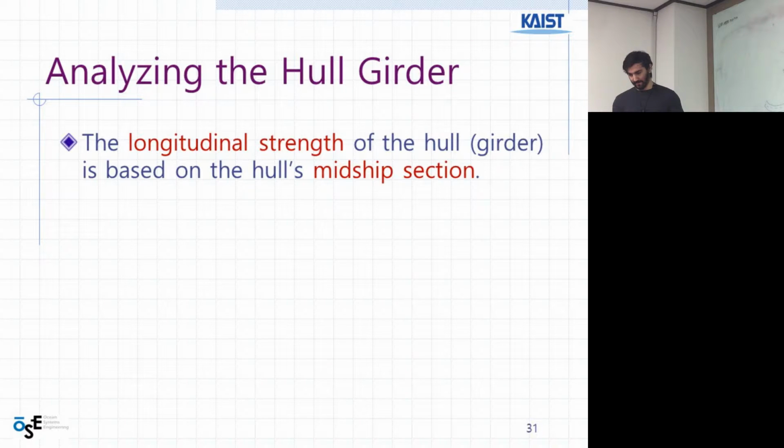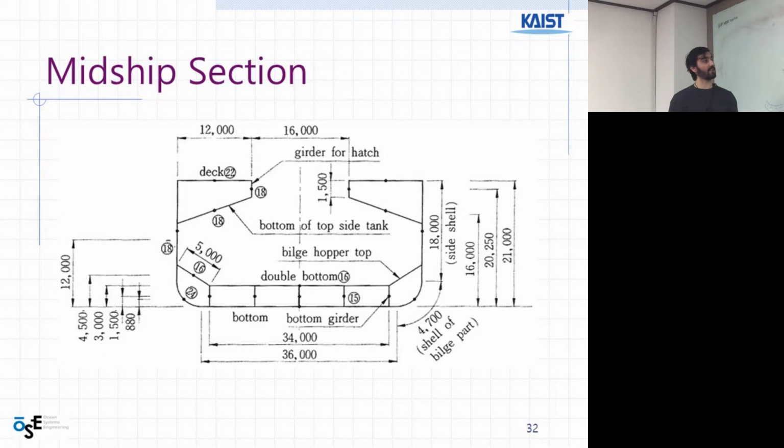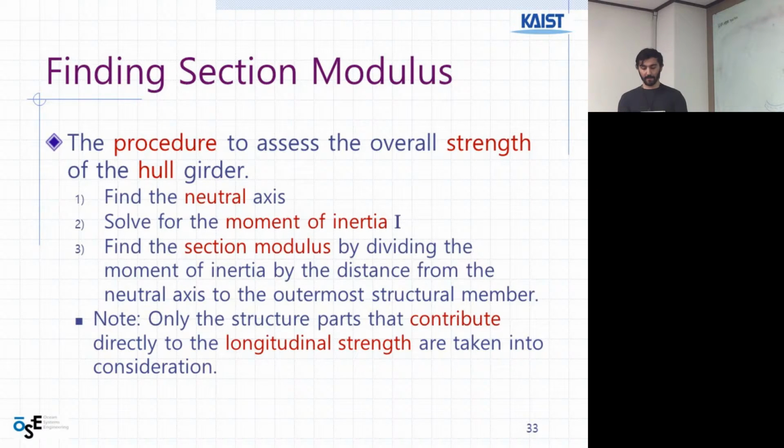This is the midship section. Primary strength calculations generally consider the midship section, as I mentioned before. So this section view is really important, and this procedure requires treating the whole ship structure as a single beam.